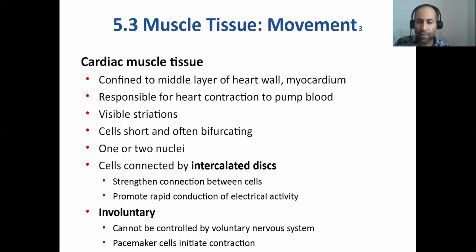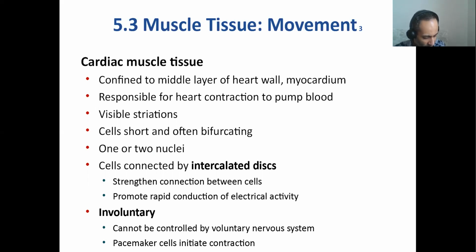And the one feature that distinguishes cardiac muscle from both skeletal and smooth muscle is they have something called the intercalated discs, okay? So what are the intercalated discs? These are made up of gap junctions. So why does the cardiac muscle have gap junctions? Because those gap junctions allow for ions, sodium and potassium in particular, and calcium too, to move across the entire body of the heart muscle, and therefore the entire organ acts as a syncytium.